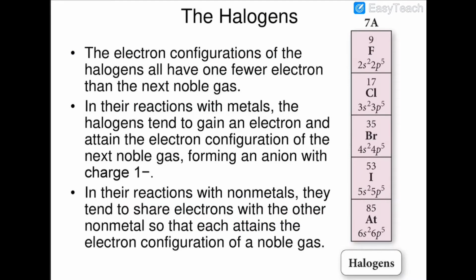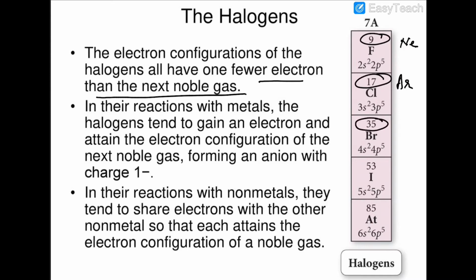Now look at the halogens once more. The electronic configuration of the halogens all have one electron less than that of the next noble gas. For fluorine, the next noble gas is neon. Chlorine, the next noble gas is argon.